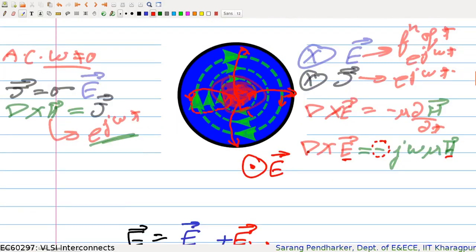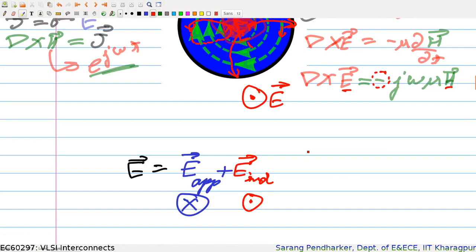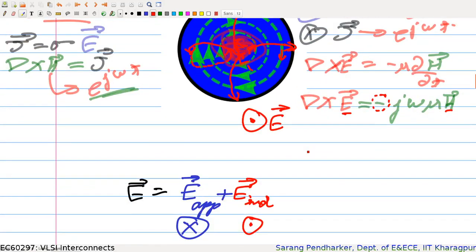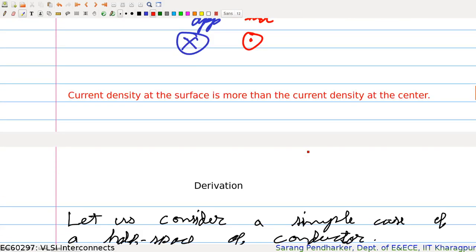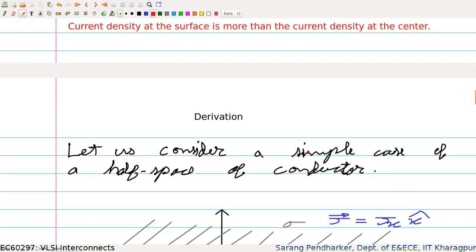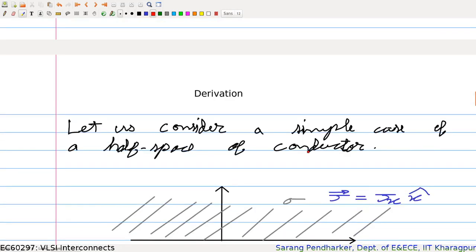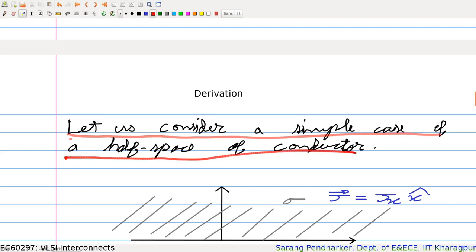So we have made a qualitative argument of why this skin effect would arise, but let us now go ahead and do a more rigorous derivation. For the derivation, again let's start simple. Let us consider a very simple, simplistic case of a half space of conductor.